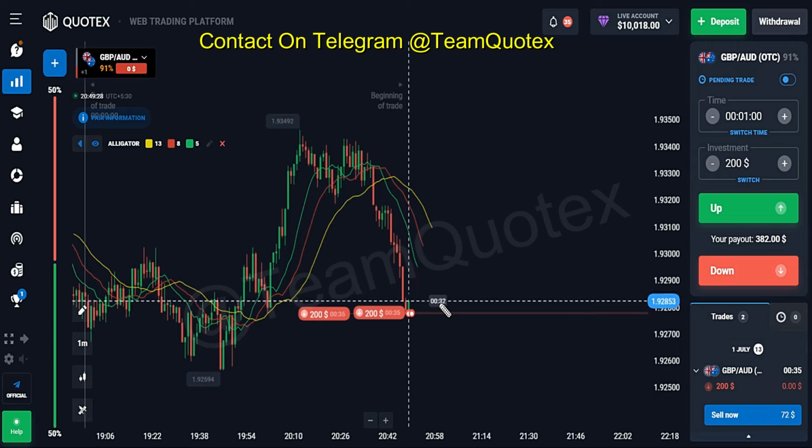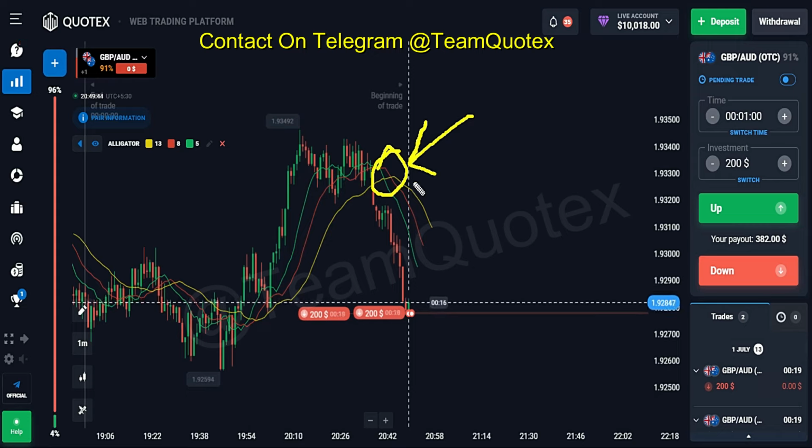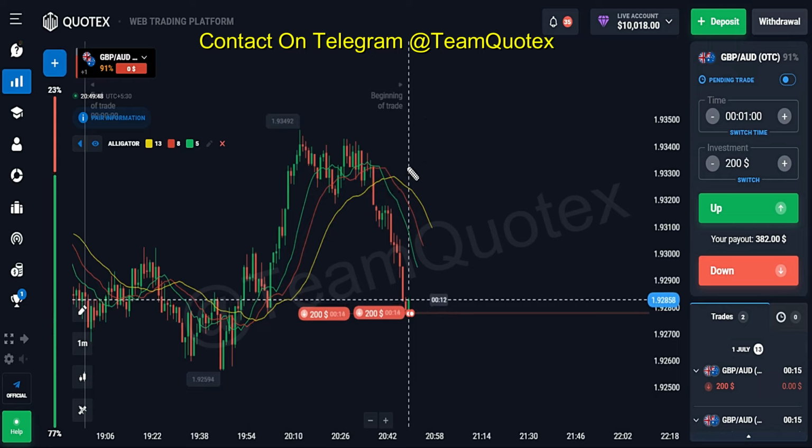Alright, so guys, for a solid entry, for a sure short entry, you need this crossover to happen here, and you can try to place your trade as near as possible to this crossover of all these 3 lines guys. And you can see the crossover happened here and I am trading here.